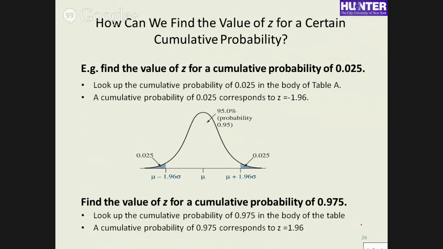Okay, this important example: find the value of z for a cumulative probability of 0.975. I don't think you have the table handy, so look this up when you go downstairs. But if you go to 0.975, you'll find that it is at z equals 1.96.